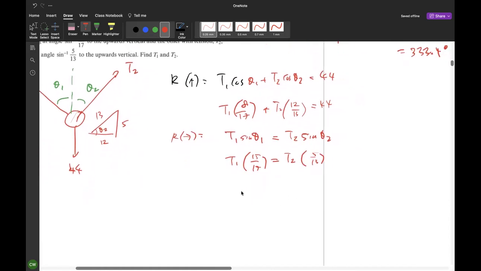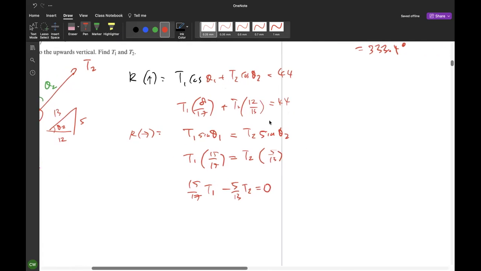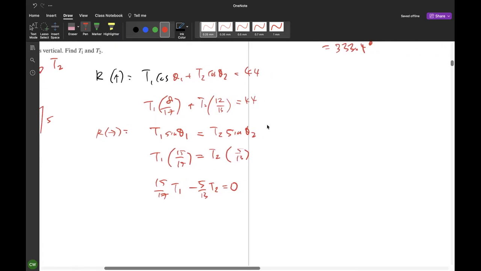So you have 15 over 17 T1 minus 5 over 13 T2 is 0. This one you no need to solve by yourself. Use calculator to solve. Can you use calculator to solve this one? And give me the T1 and T2.